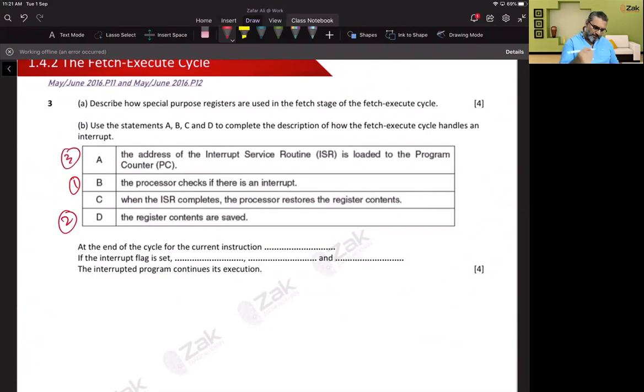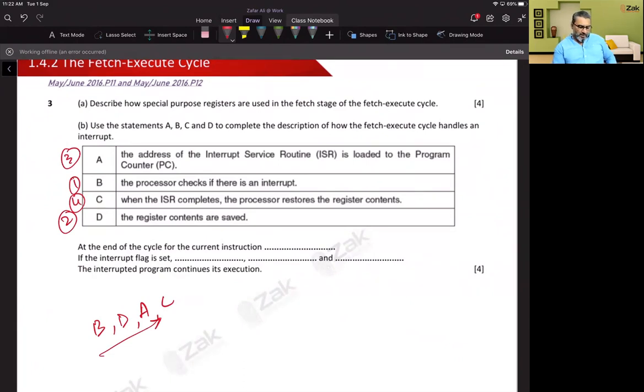Since the ISR itself is a program, it is required to be executed, so its first address will be loaded in the program counter. Then once the ISR is completed, it gets back to its original routine. So this would be B, D, A, and C. This would be the sequence: B, D, A, C.